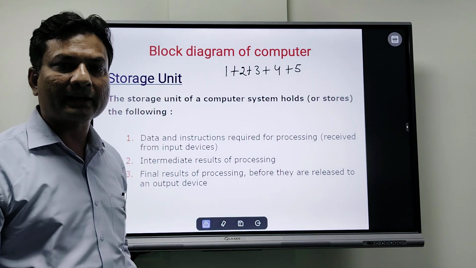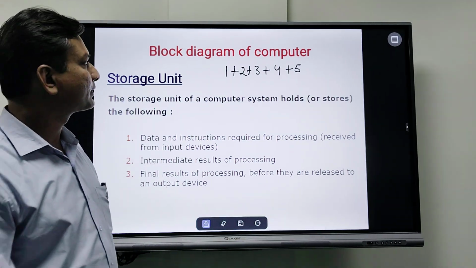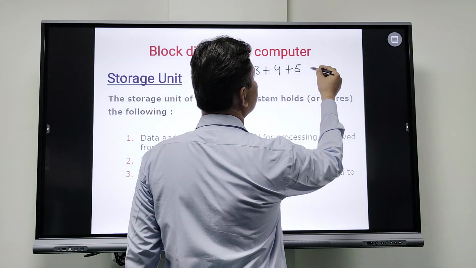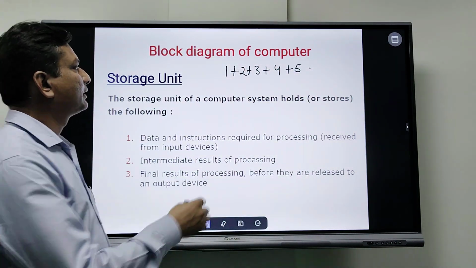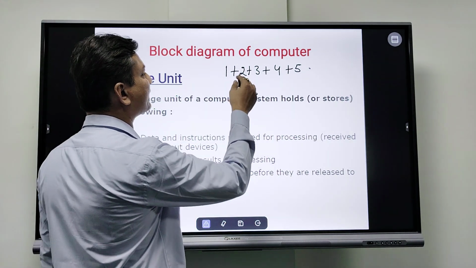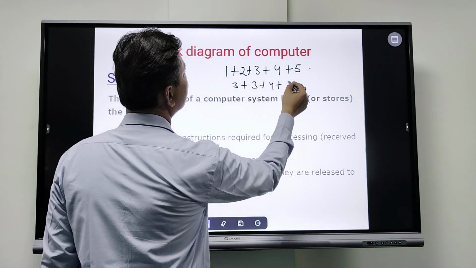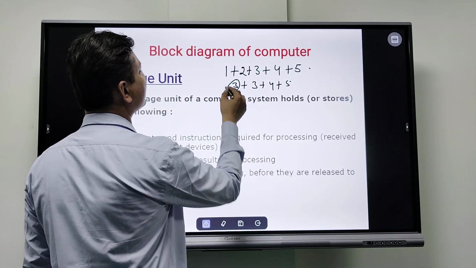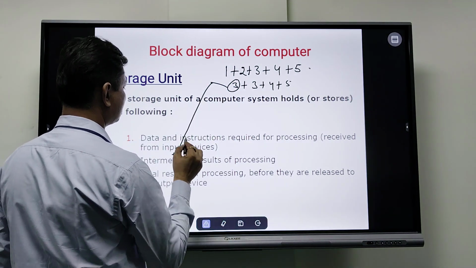And the operation that has to be performed on these data is the instruction. So this is inputted to the computer system. So this is the initial data. Now the computer will start adding these numbers two at a time. 1 plus 2, 3, plus 3 plus 4 plus 5. So in this case, this 3 is an intermediate result.